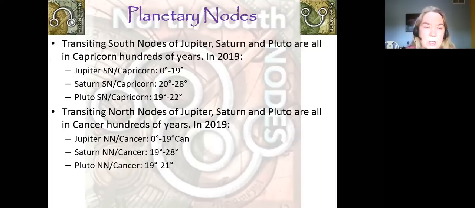In 2019, Jupiter ranges from 0 to 19 degrees, Saturn from 19 to 28 degrees, and Pluto from 19 to 21 degrees. In other words, their transiting south nodes and north nodes are also moving through Cancer and Capricorn as well.